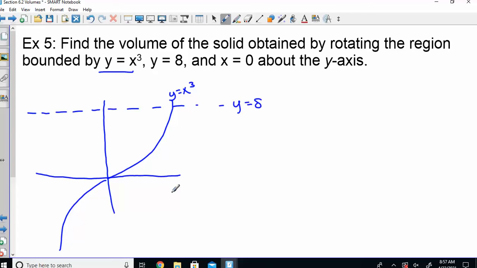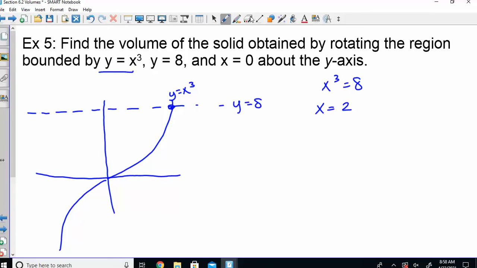What's x equals 0? It's the vertical line at 0. If you wanted to find this intersection point, that is when x cubed is equal to 8. So that's when our x is 2.